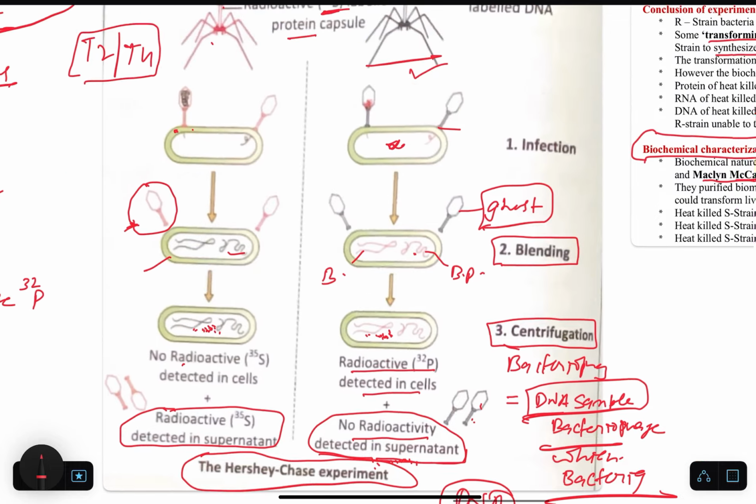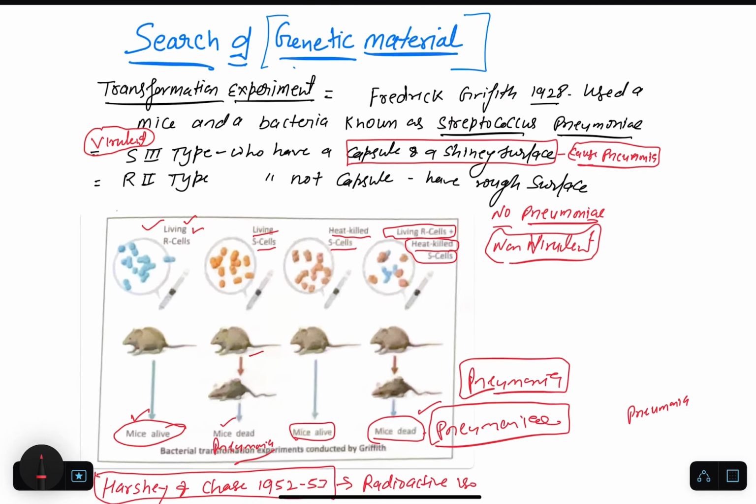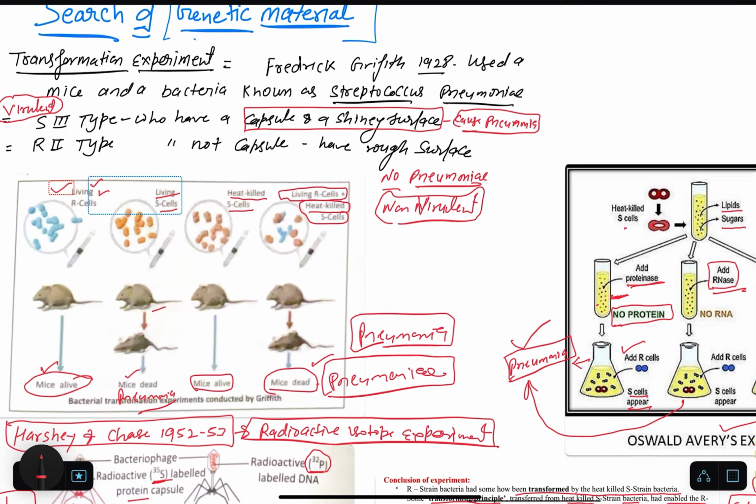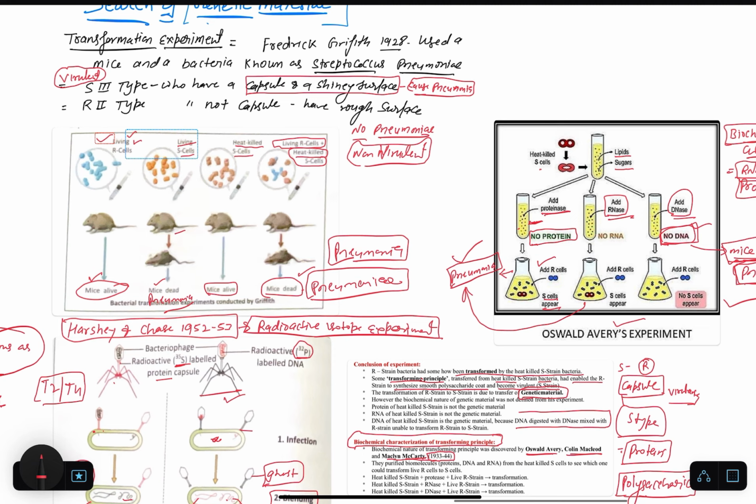So these three experiments, one is Griffith's experiment, second is the Avery, MacLeod and McCarty experiment, and the third one is from Hershey and Chase, have confirmed that the DNA acts as a genetic material.